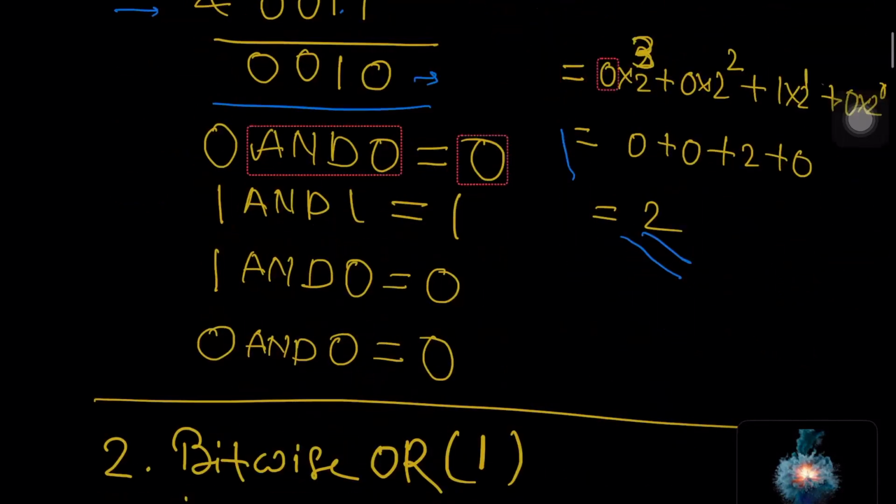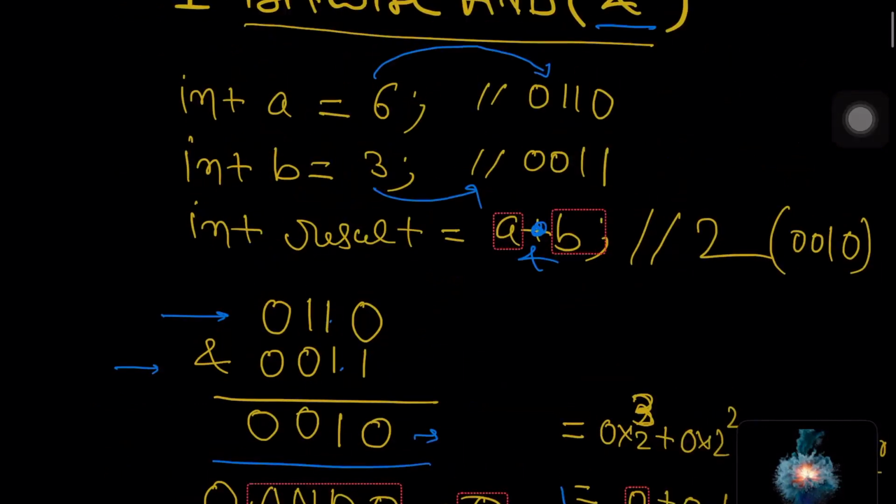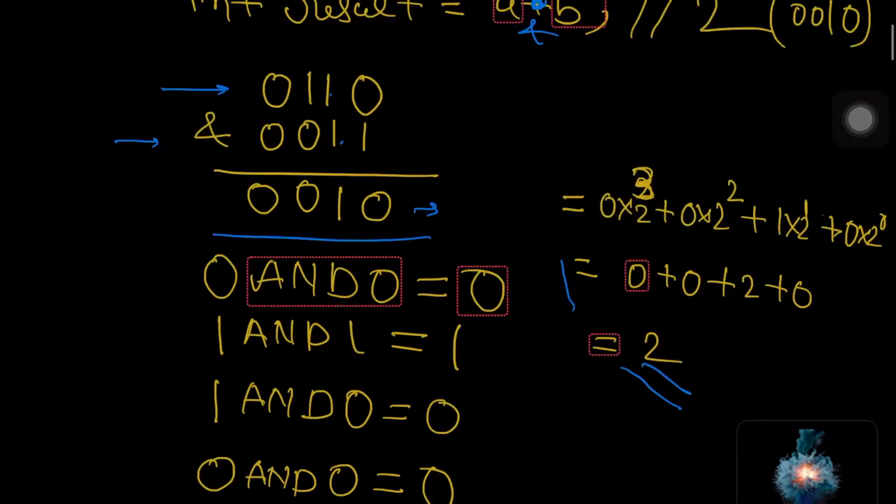As I said, 0 and 0 becomes 0, 1 and 1 becomes 1, 1 and 0 becomes 0, and 0 and 0 becomes 0. So you always have to remember this. For any numbers given, let's assume they have given int a equal to 10, int b equal to 12, and now you have to perform a and b. First you convert 10 to binary, then 12 to binary, then you perform the AND operation.